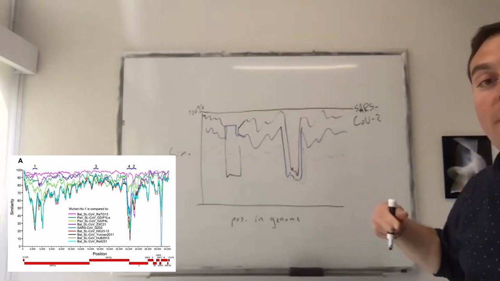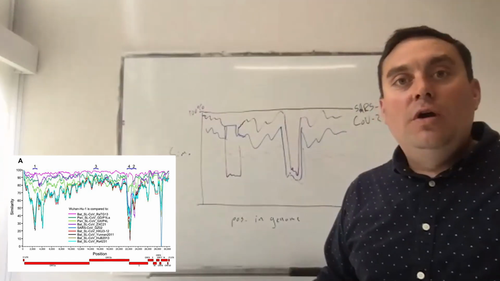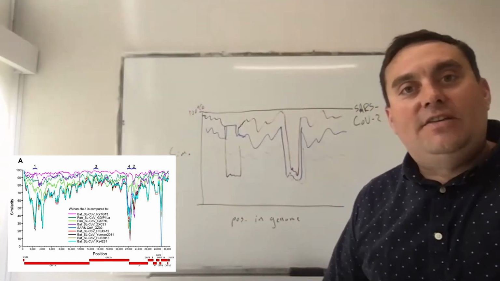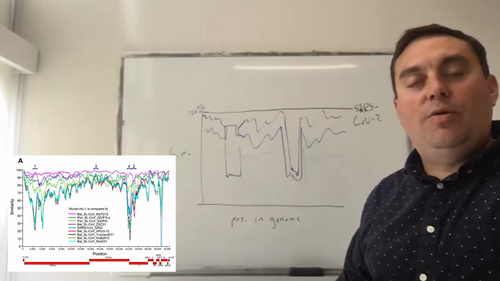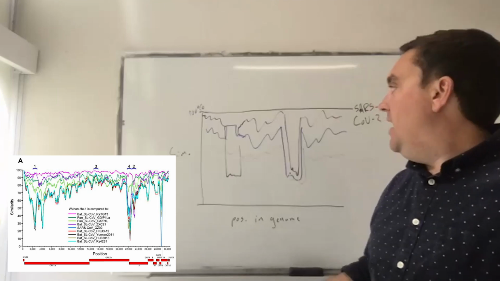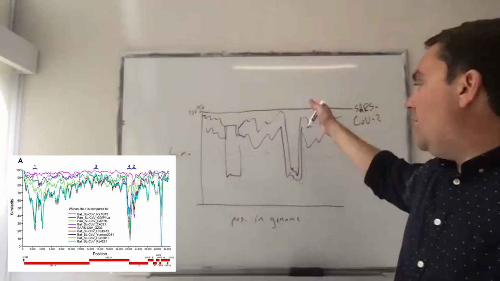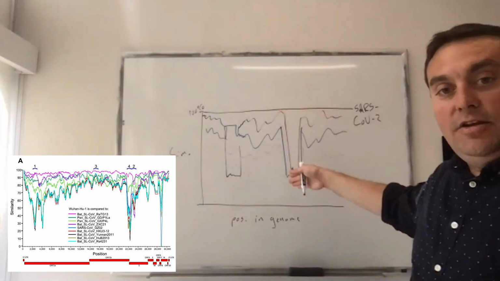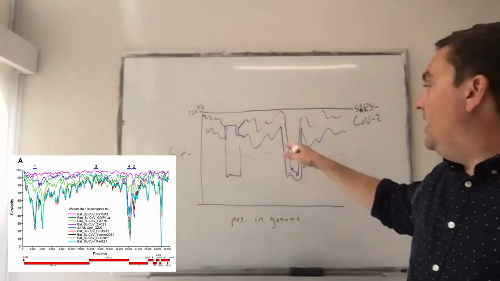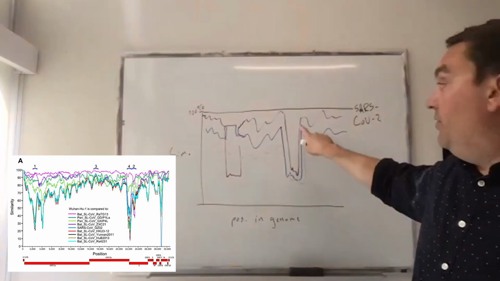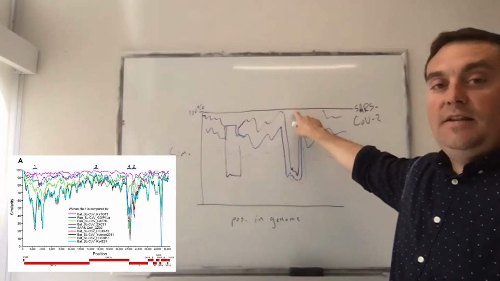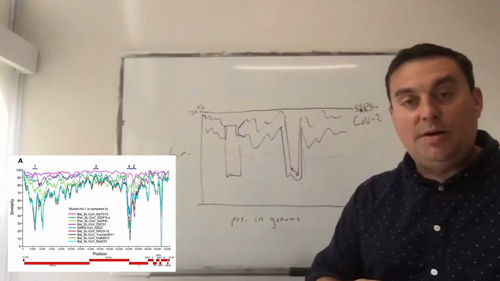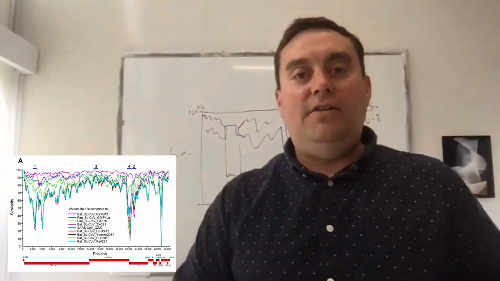And what it means is that we just don't know what it recombined with. We haven't actually sampled that genome from nature yet. And so these all drop down in similarity, and they're coordinated, and that suggests that this is really distinct at this point, and so it must have recombined with something that we just haven't found yet.